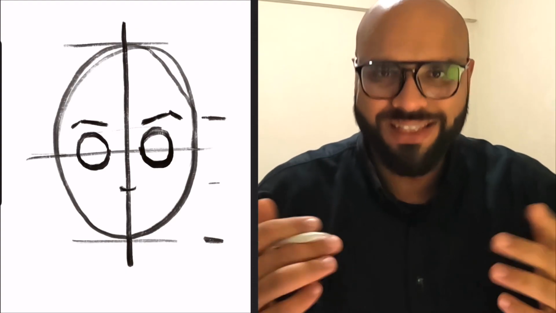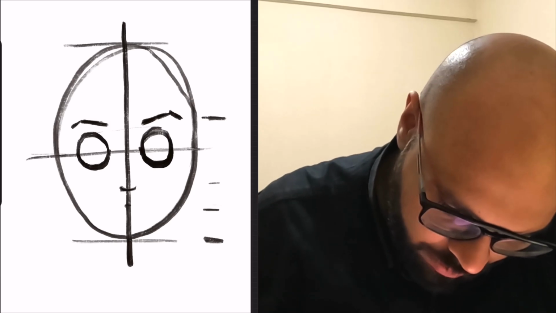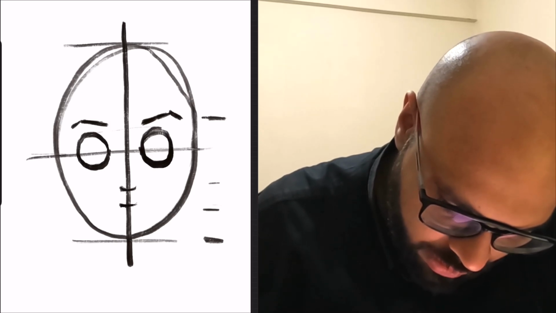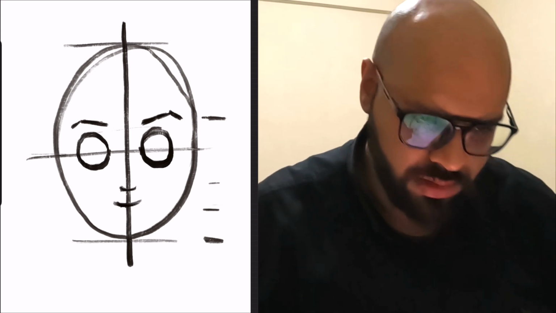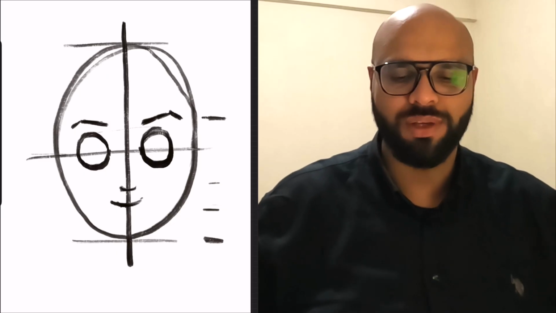So we can put it this way, right? Here's the middle, and I'm just going a little bit upper and placing something for the mouth, and this face is smiling, of course, because a drawing is being made, and it is happy to be drawn.